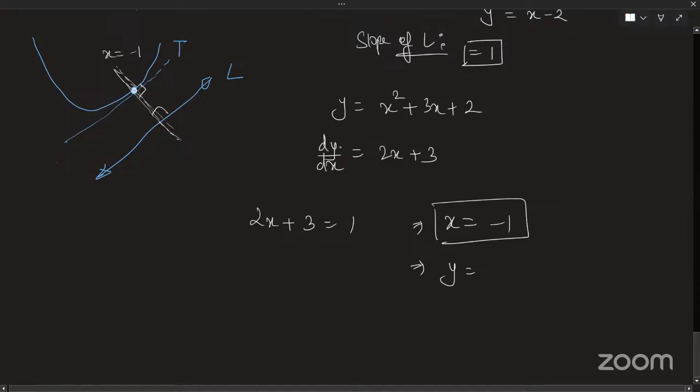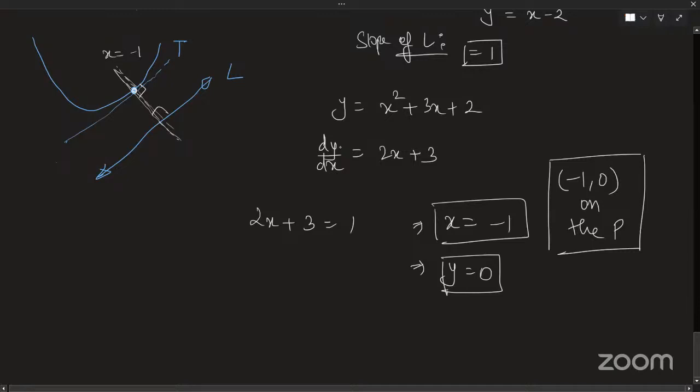Just put x is equal to -1 in this equation. 0. Okay, great. So I have got this point -1 comma 0 on the parabola.